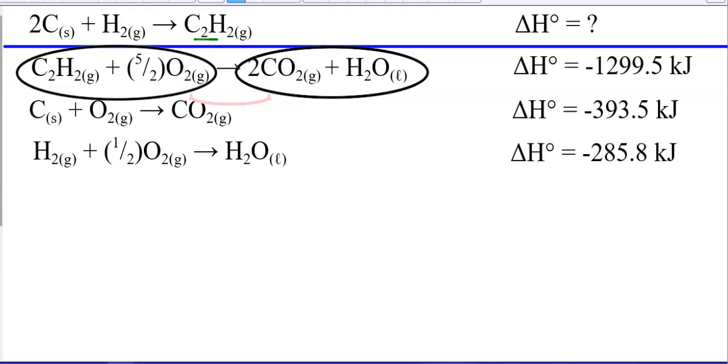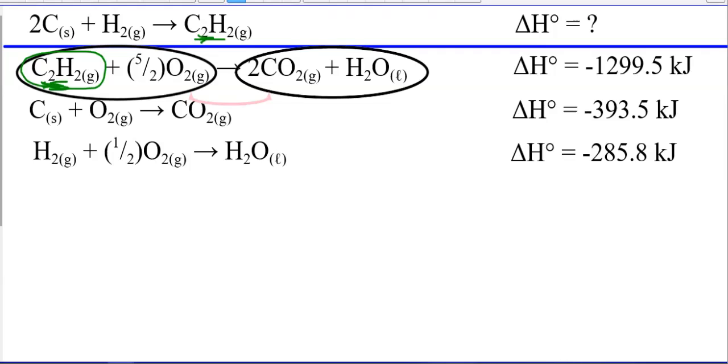First of all, recognize that ethine is on the product side, but if we look at the first reaction mechanism, ethine is on the reactant side. So ethine here is on the product side, ethine here is on the reactant side. So down below in the reaction mechanisms, this guy is on the wrong side of the chemical equation.